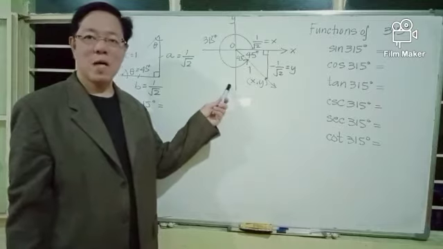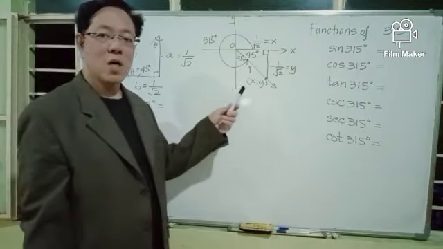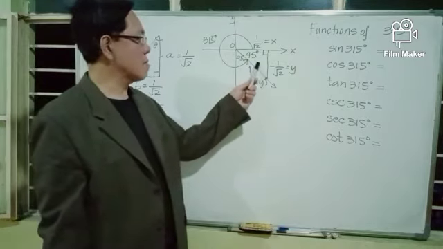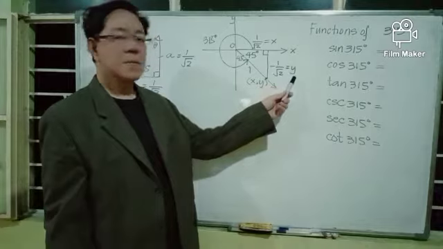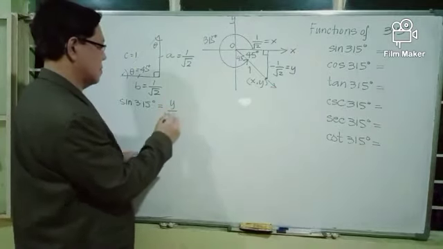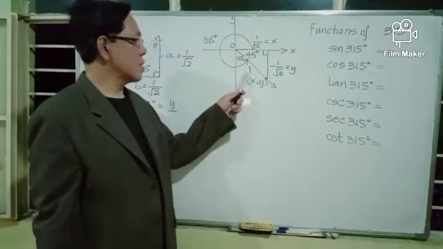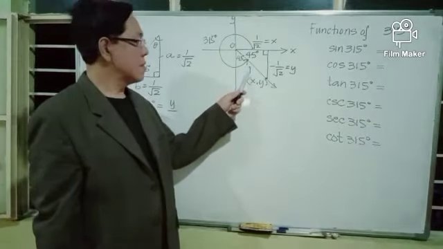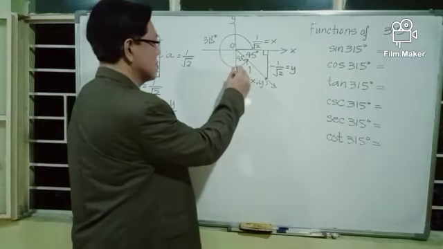Using this diagram as our reference, the sine of an angle is the ratio of the side opposite the angle, y, over the hypotenuse, which is the radius vector, denoted by r.